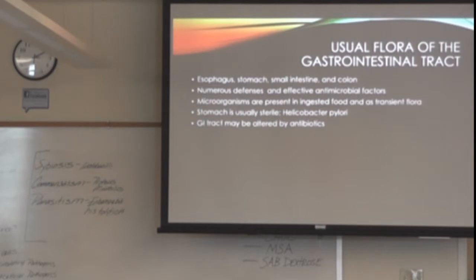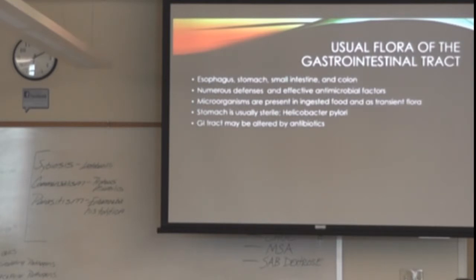Gastrointestinal tract. There are a lot of defenses and effective antimicrobial factors in there, particularly the bile and the acidic pH. Microorganisms are present in ingested food and they're going to act as transient flora.